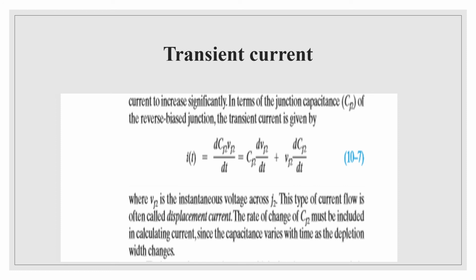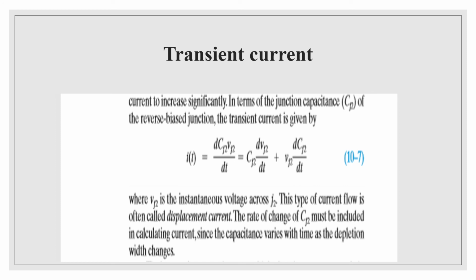This is equal to the capacitance of junction J2 times the change of the voltage, plus the voltage applied across J2 times the change of capacitance of junction J2. This type of current flow is often called the displacement current.